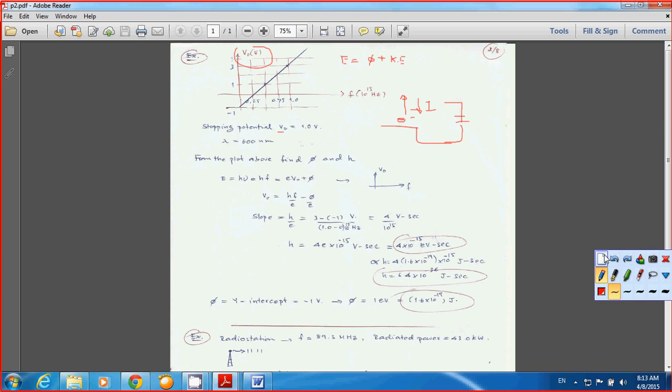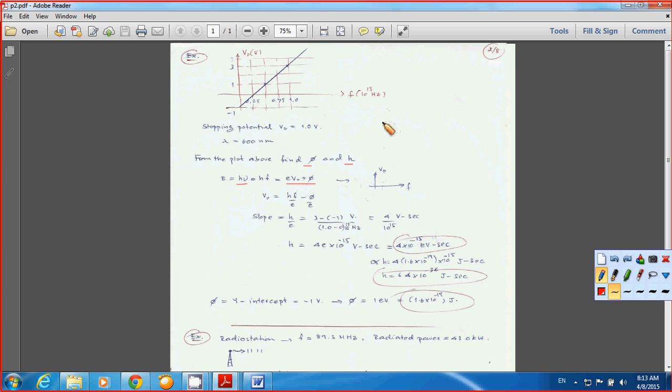So from the plot here, I ask you to find phi, which is the work function, and the Planck constant. How can you do that? Alright, just like I told you, the photon energy is going to be equal to the work function plus the kinetic energy of the electron. So this is nothing much more than simple math.